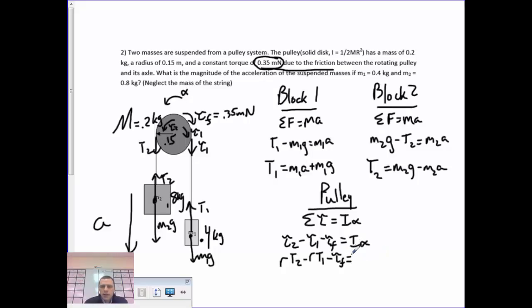And that equals I alpha. I'm going to do a little work in this next line to write down what I is. It's 1/2 mR squared, and I'm also going to substitute, instead of alpha, a translational acceleration. Alpha equals a over R. So I'm going to write a over R, and one of those R's in the denominator is going to cancel.